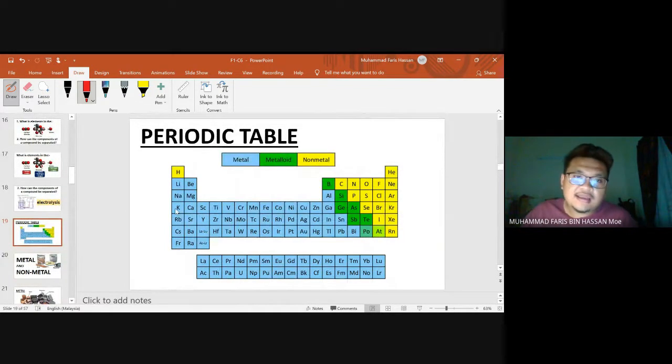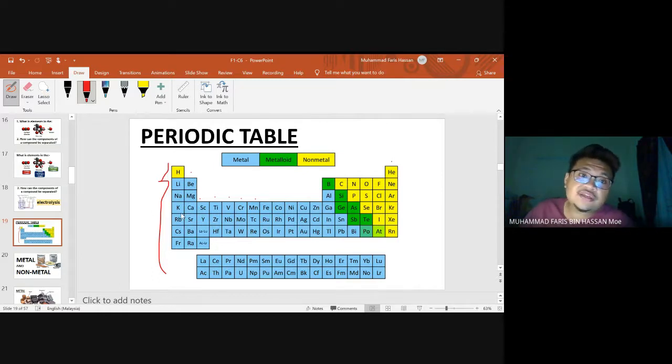Lithium, sodium, and potassium: Na is sodium and K is potassium. This is group 1, then group 2, group 3, 4, 5, 6, 7, until the last one, group 18. In group 1, only H, which is hydrogen, is a non-metal and the rest are metals.